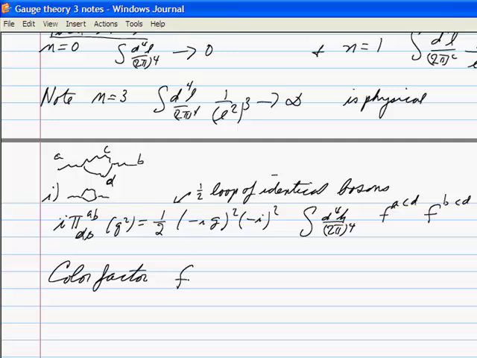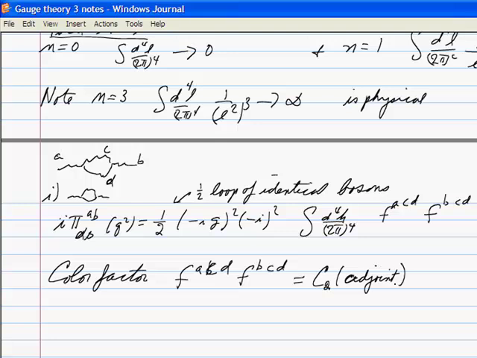The color factor f A C D f B C D. Now that's, unless we want to work out what those f ABC coefficients are, that looks a little painful. I will show you how to calculate that. That is called the quadratic Casimir for the adjoint representation.